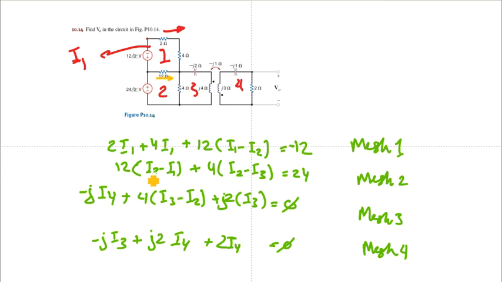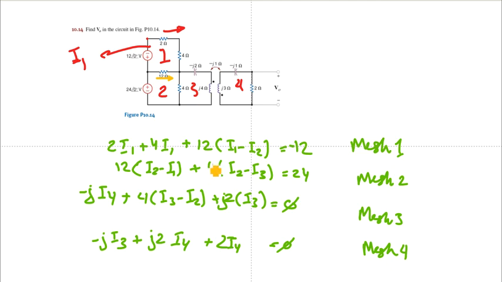So we get 12 times I2 minus I1, assuming that in each separate mesh, the main current is the strongest, the current with the highest magnitude and in the positive direction. So in this case we get I2 minus I1, and the resistance 12.